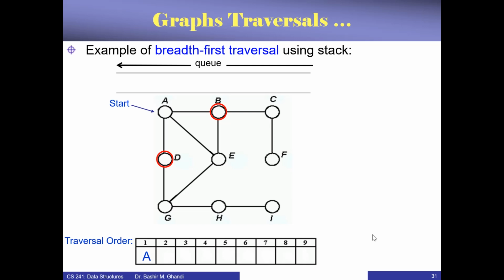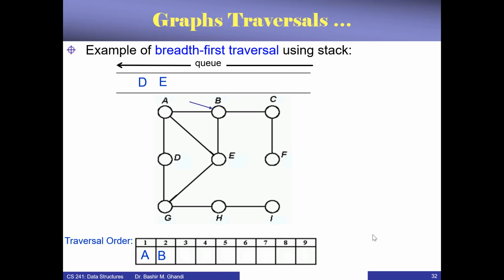The adjacent vertices of A are B, D, and E. Of course, none of them was enqueued before, so just enqueue them. So we enqueue B in alphabetical order, and then D, and then E. Okay, and then repeat the loop. Dequeue and visit B directly.